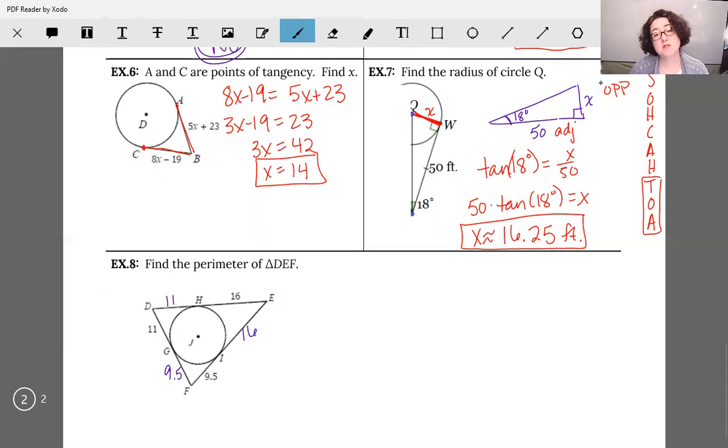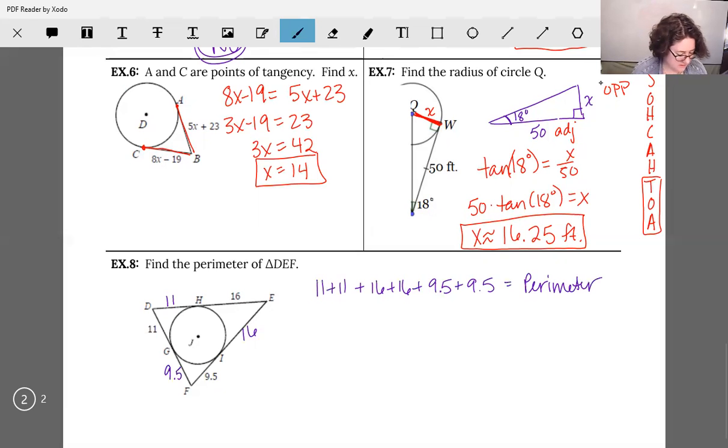And so when it's asking us to find perimeter, what's perimeter again? We did that in a review problem. Yeah, perimeter is when we add up all the sides of the figure. So that means we just need to add together all of the lengths that we have. So we're going to have 11 plus 11. We're going to have 16 plus 16. And we're going to have 9.5 plus 9.5. And all of those added together will give us our perimeter.